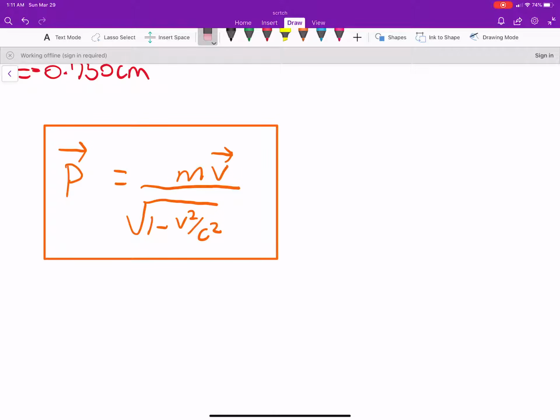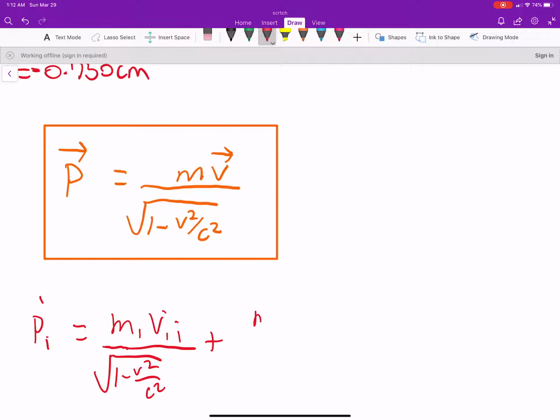Now, if you were to look at momentum initial prime and put that in, that would be m1 v1 initial over the square root of 1 minus v squared over c squared, plus m2 v2 prime initial over the square root of 1 minus v squared over c squared.